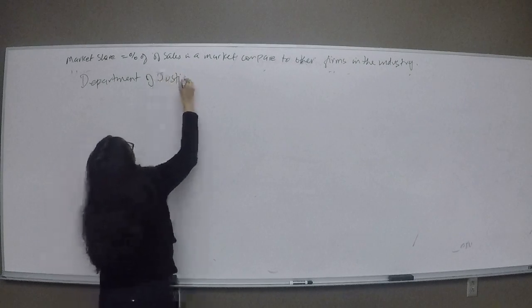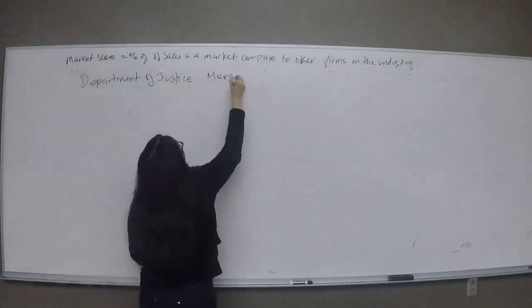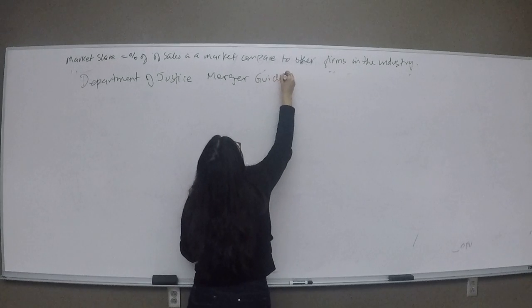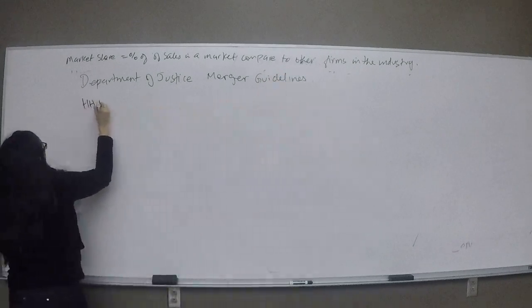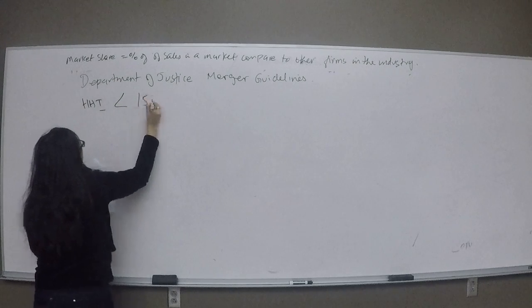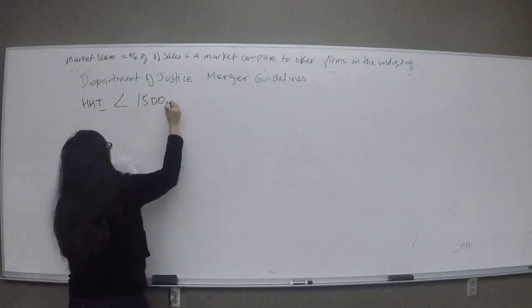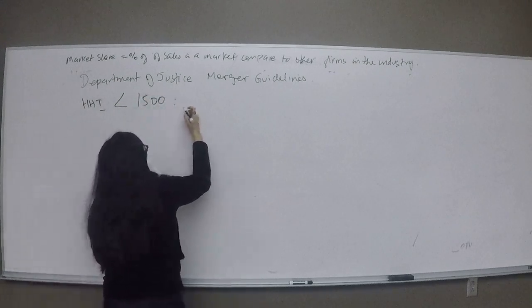If HHI is less than 1,500, the industry is not concentrated.